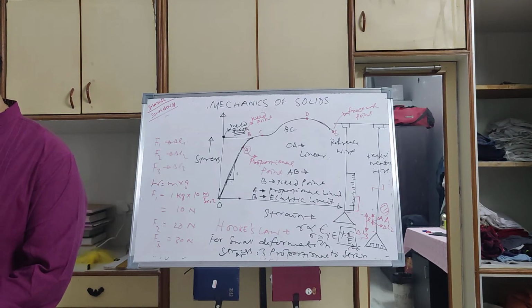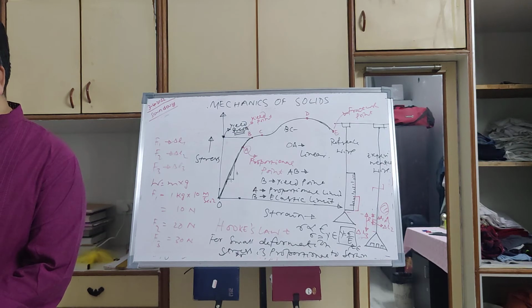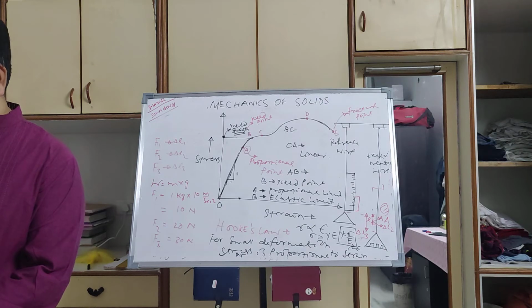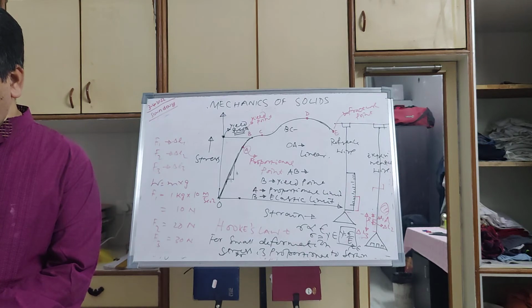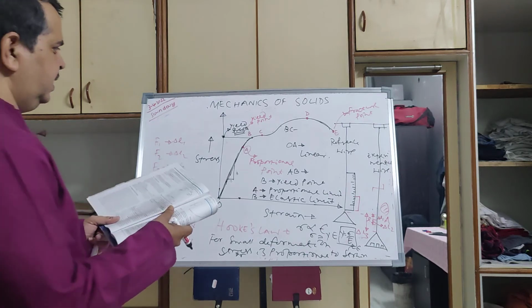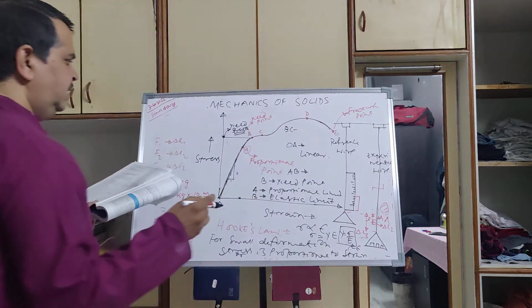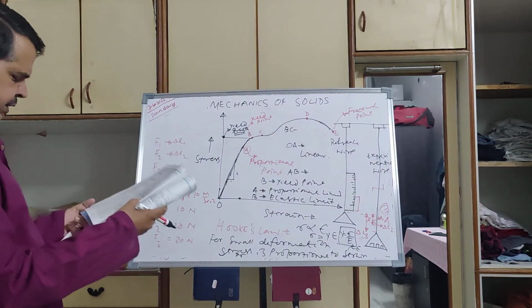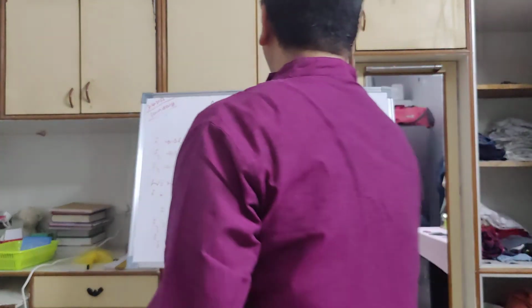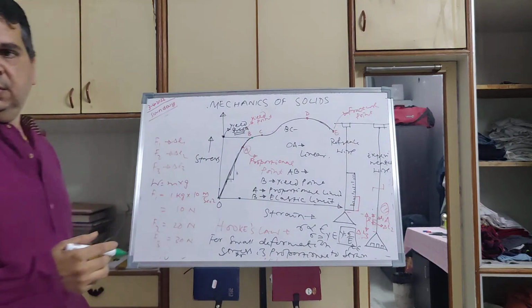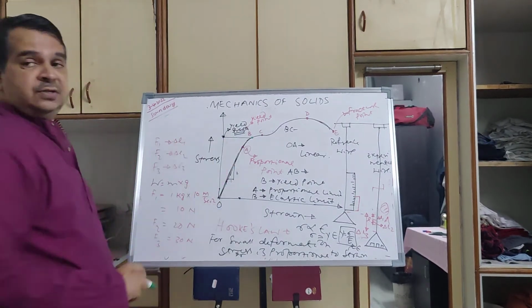The portion of the curve between B and C shows this. Now, if the load is removed, say at some point C, what will happen? B is your yield point, A is your proportional limit.